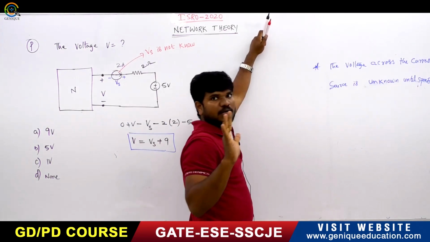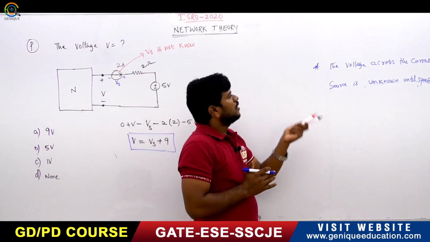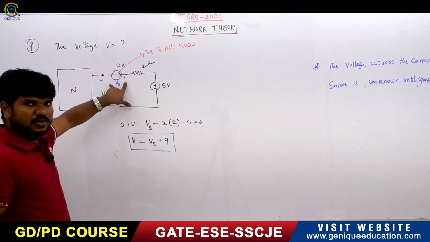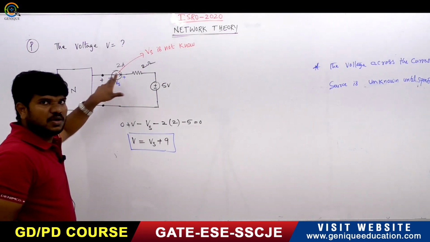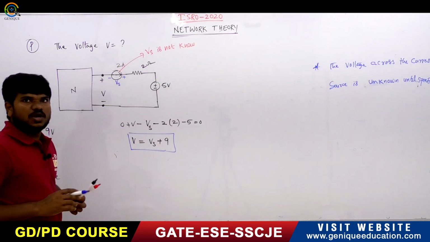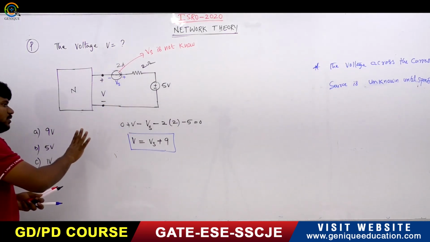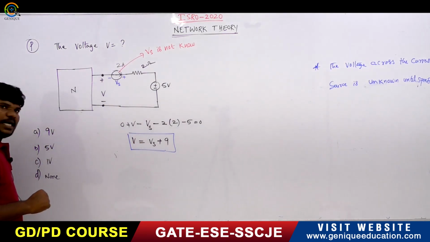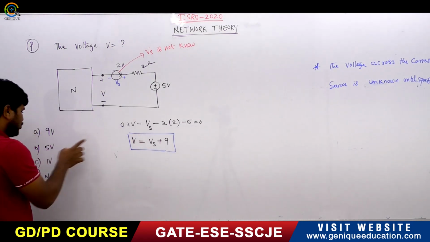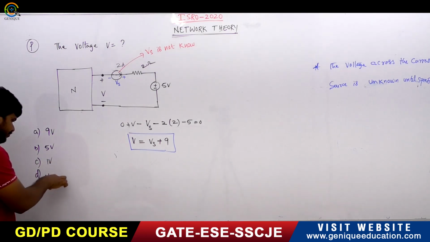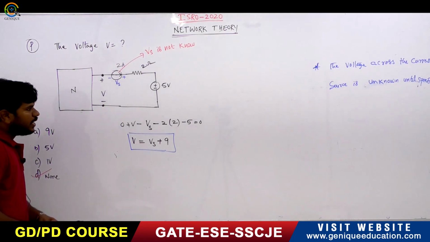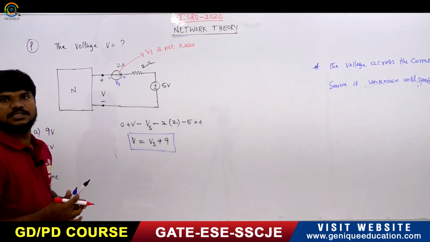The voltage across the source cannot be determined. See, observe this. Are you able to determine this? No. So you are not able to determine the voltage across this current source. So what will be the option? It cannot be determined. So that's why none of the above is the answer. Okay. The option is none of the above.